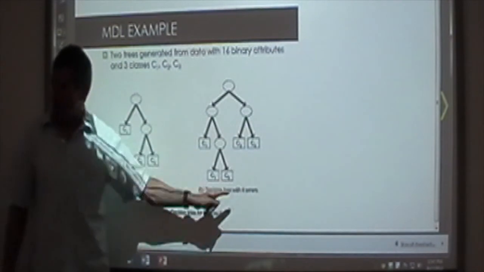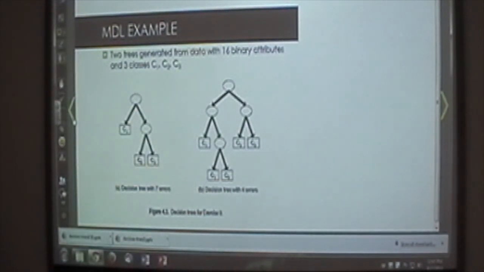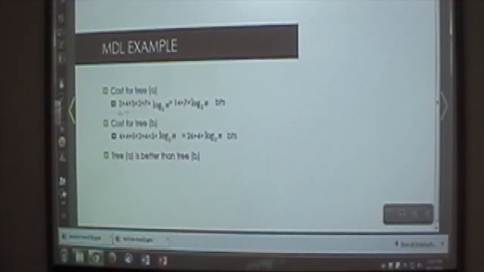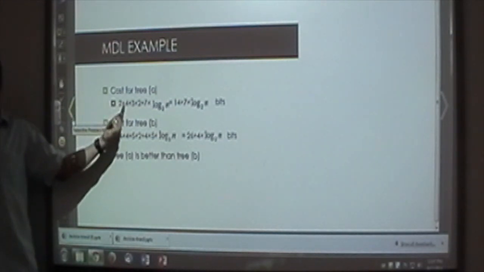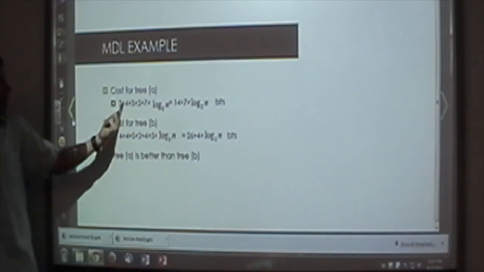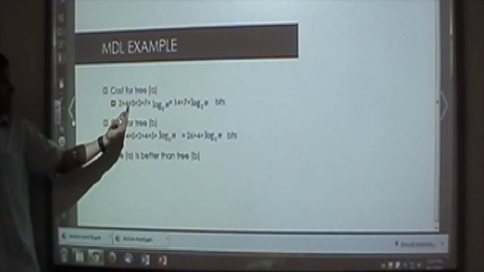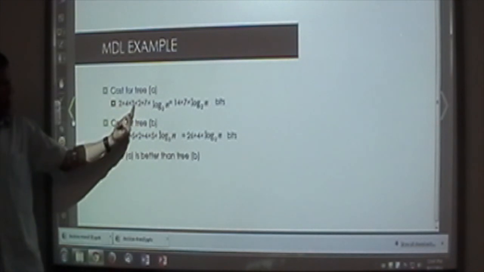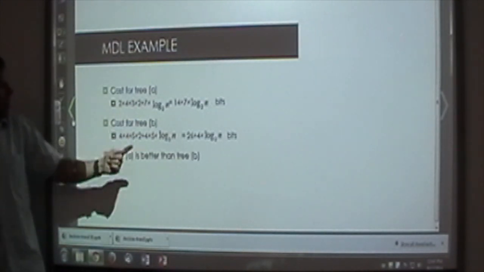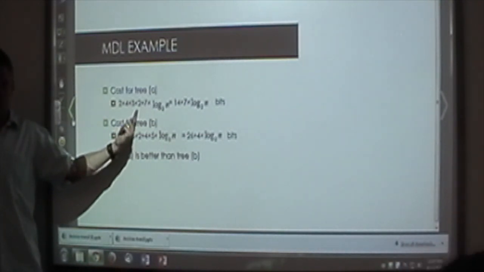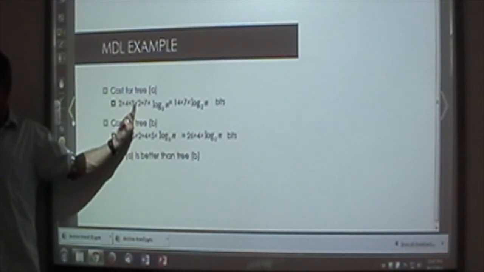You're counting the final training instances there at the bottom. So when we do that, tree A, it's 2 nodes, log base 2 of 16 gives the 4, plus we had 3 classes times the 2, which is the ceiling of log base 2 of 3. And remember, that's where that came from.